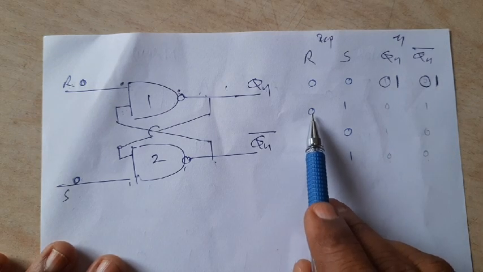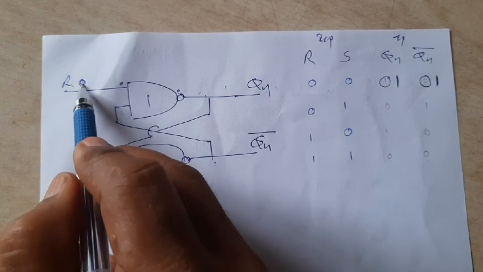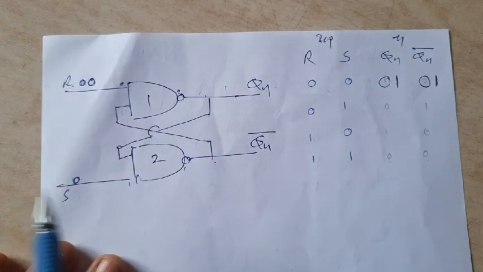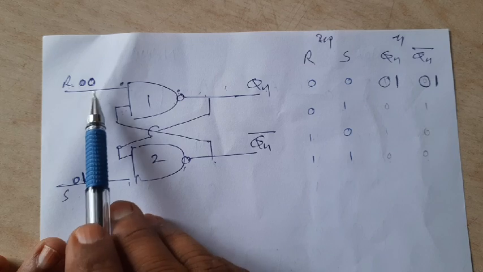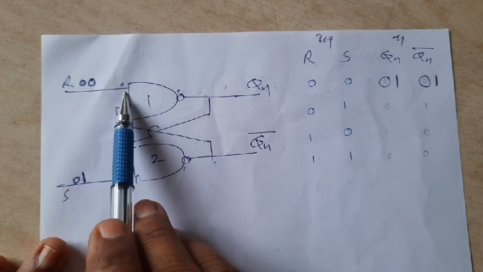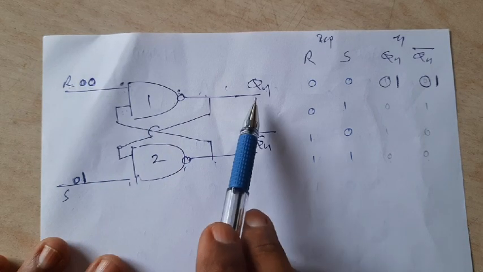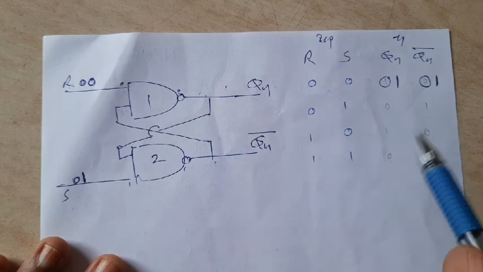What happens for 0 1? Suppose R is equal to 0 and S is equal to 1. Now what will happen? As R is 0, Qn is definitely equal to 1.